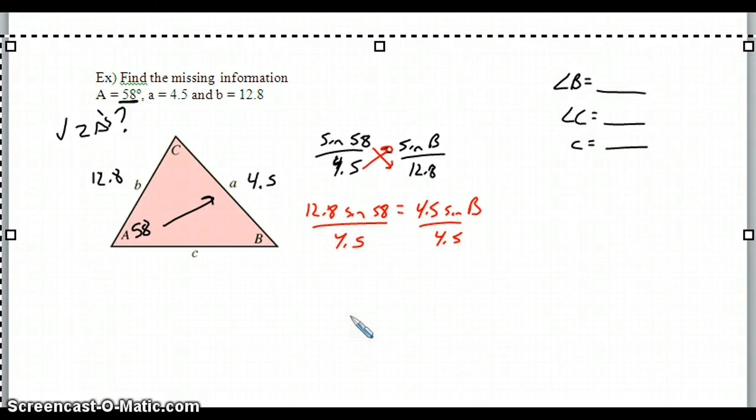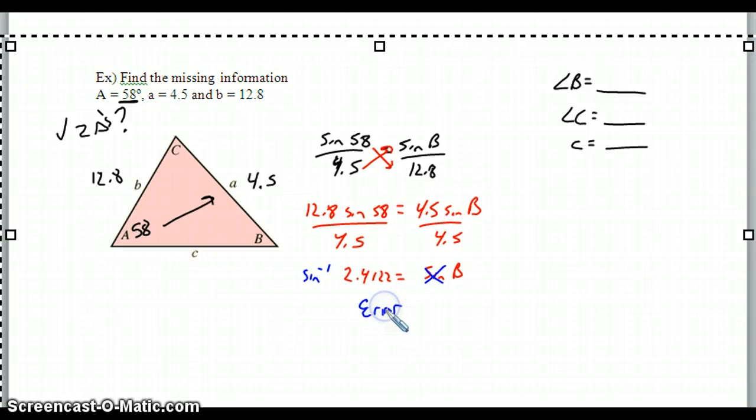We would get 12.8 sine of 58 divided by 4.5, which would be 2.412 as the sine of B. But I don't want the sine of B, I just want B, so I have to move the sine over by taking the inverse. Now when I do this, I end up getting a domain error in my calculator.